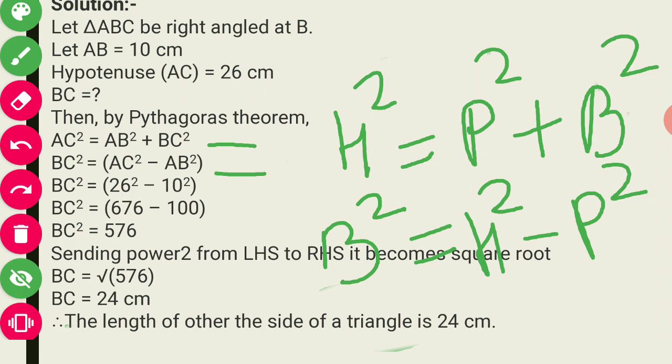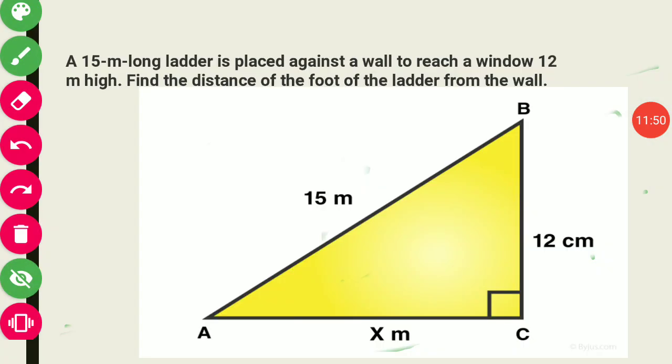In order to find out the value of BC, you have to find the square root of this 576. So first do the prime factorization of 576, then make pairs, and now from each pair take out one number and multiply them. You will get the value of BC equal to 24 centimeter. So this way you will calculate the base of the given triangle.